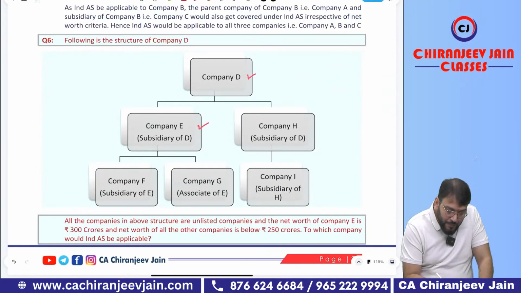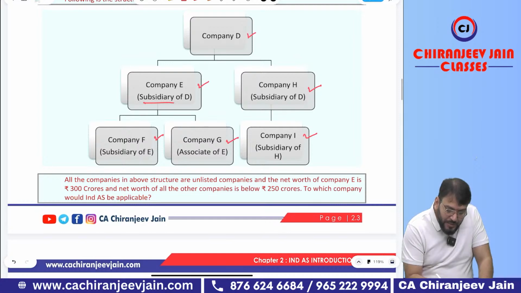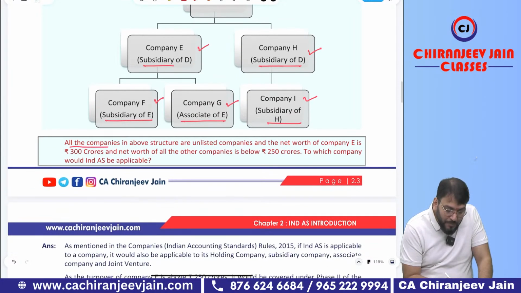Following is the structure of company D. Company D, company E, company F, company G, company H, company I. This is subsidiary of D, subsidiary of D, subsidiary of B, associate of E, and subsidiary of H. All the companies in the above structure are unlisted companies, and the net worth of company E is 300 crore.